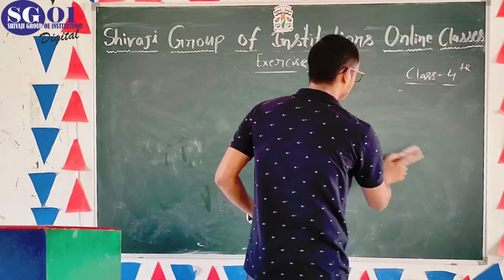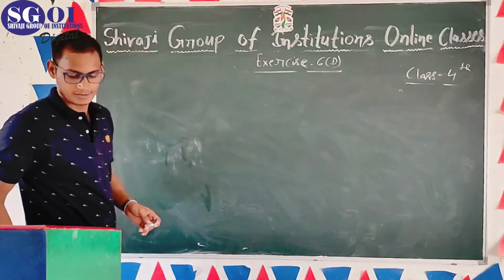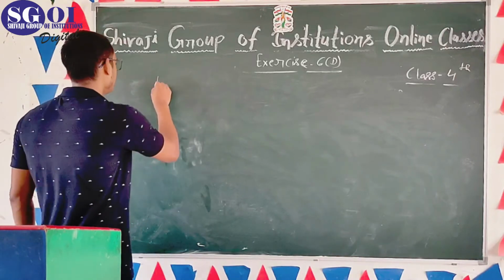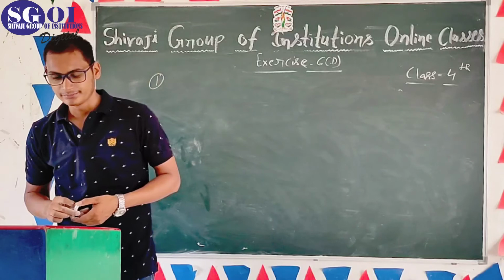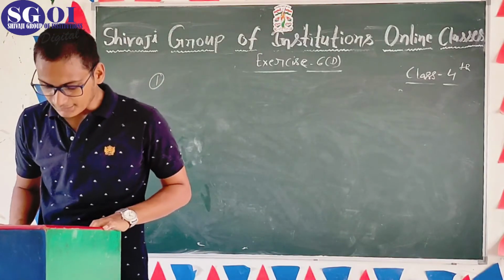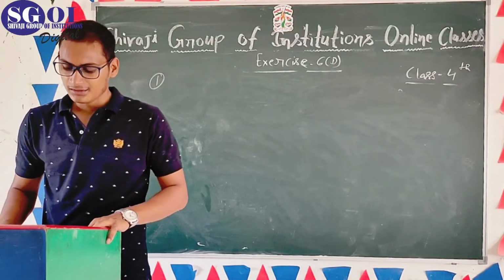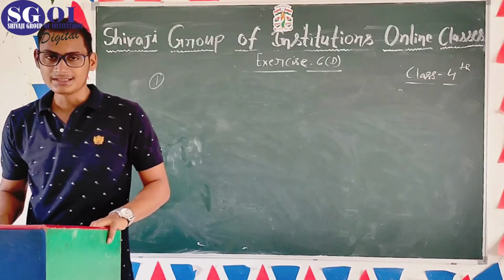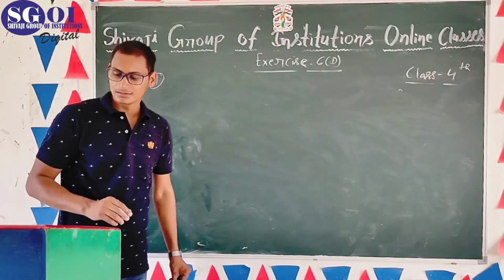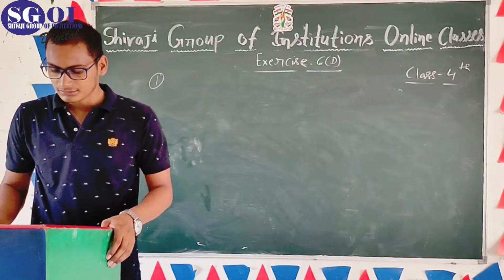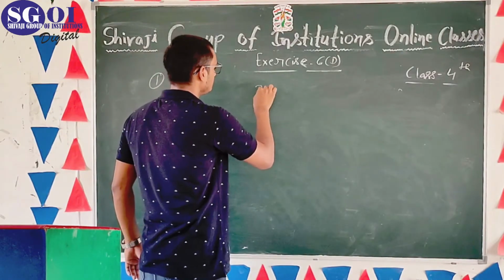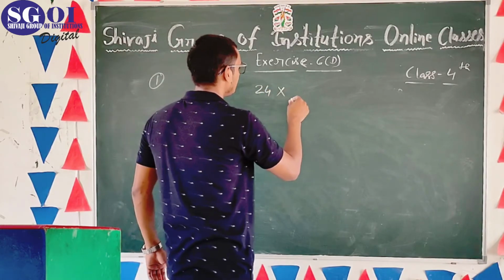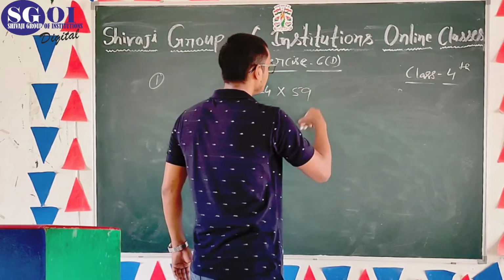There are many properties of multiplication. So we will learn the first property of multiplication, order property. Okay, students, the product doesn't change when the order of the numbers is changed. Means, we have a question 24 multiplied by 59.